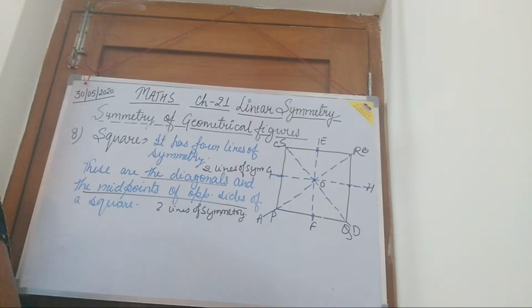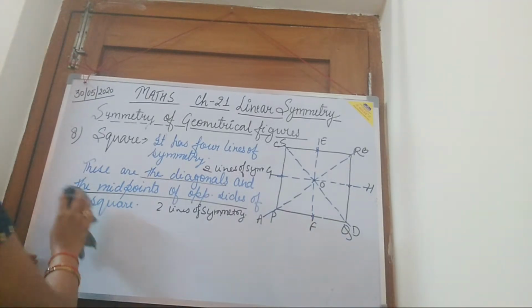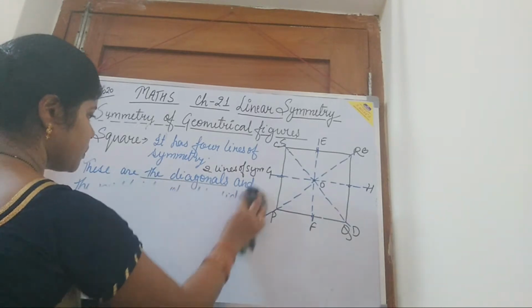Now after the square, a rhombus. The ninth figure is a rhombus.